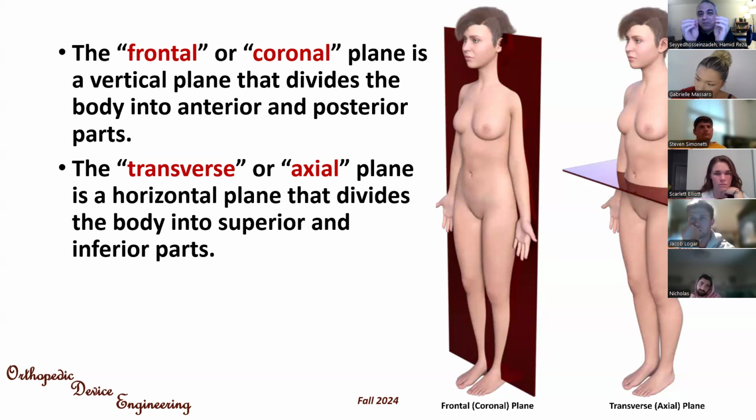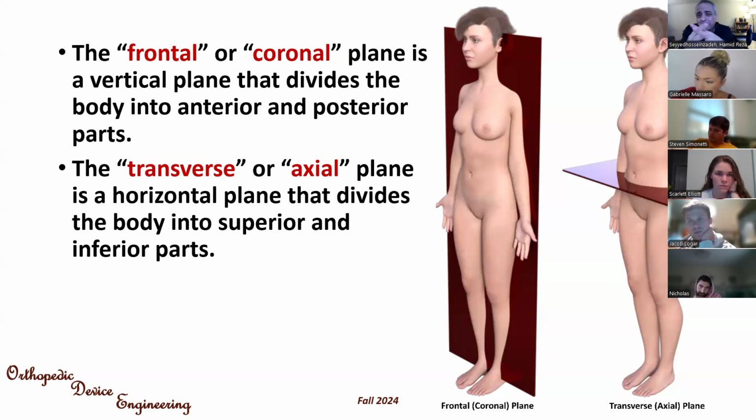For example, later we will discuss the anatomy of the knee. In knee, we have 2 cruciate ligaments called anterior cruciate ligament or ACL and posterior cruciate ligament or PCL.